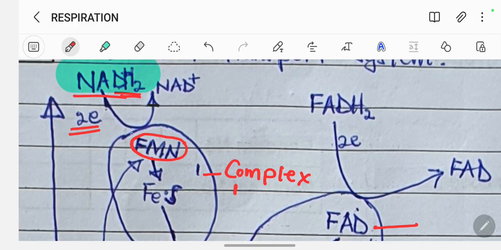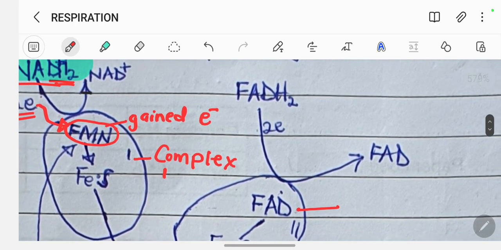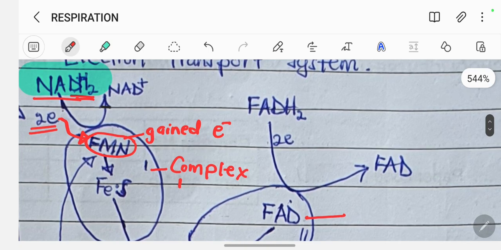Why? Because this one has gained the electrons. What do we call gain of electrons? That is reduction. So our flavin mononucleotide has been reduced.